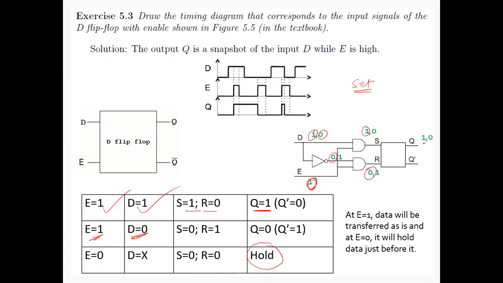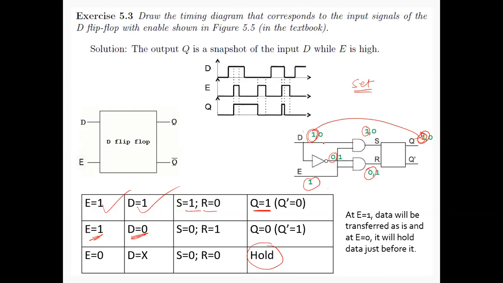If you want to lock 1, you send 1. But your E should be 1. So if your E is 1, D is 1, you are getting the value 1. Now you want to lock this 1 there forever, right?